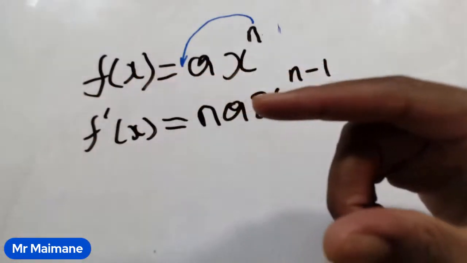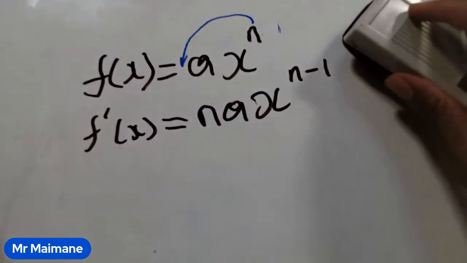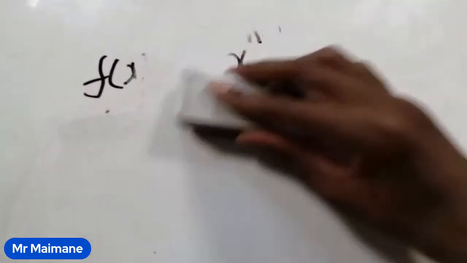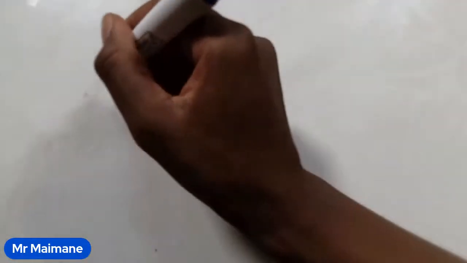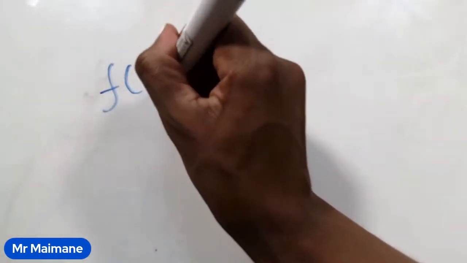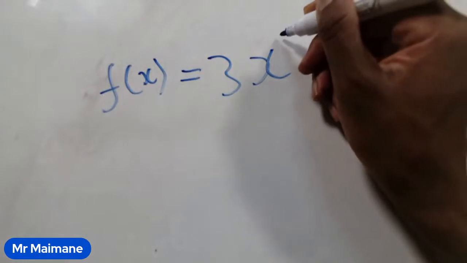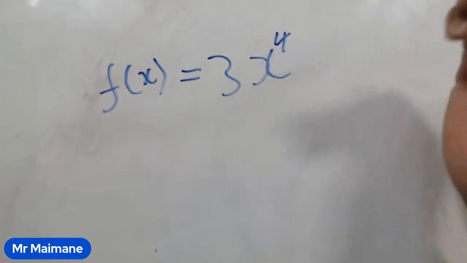In reality, there's no reality as such in mathematics. But to picture this with an actual number that makes sense, we can think of a case where f of x equals 3x to the exponent, I can even choose 4.